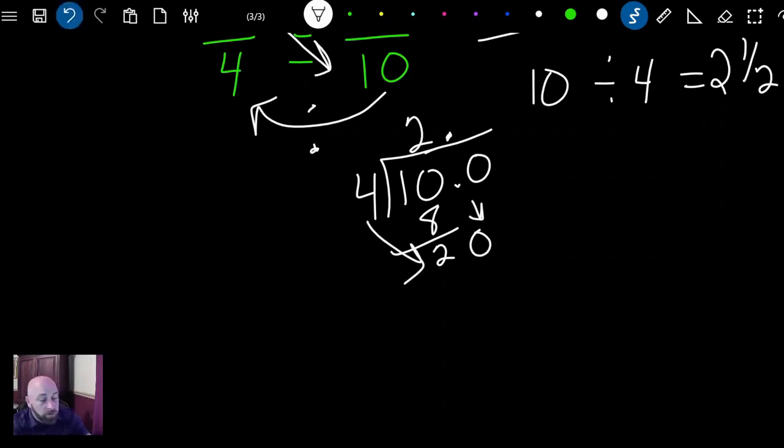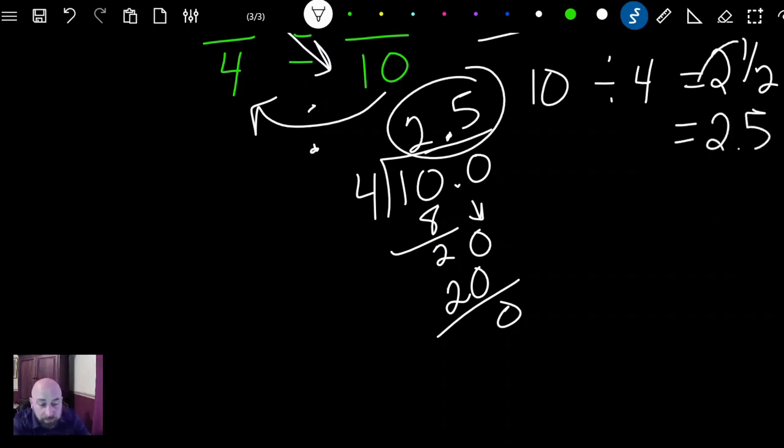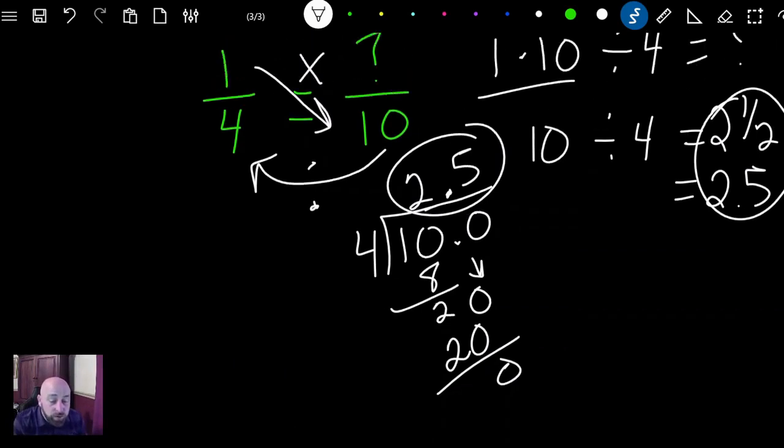Now 4 goes into 20 how many times? 5 times. 5 times 4 is 20. So now I've got my 0. It's 2.5. If you know anything about math, you know that 2 1/2 equals 2.5. These are the same thing, so you could write it either way. So our answer there is 2.5 or 2 and 1/2.